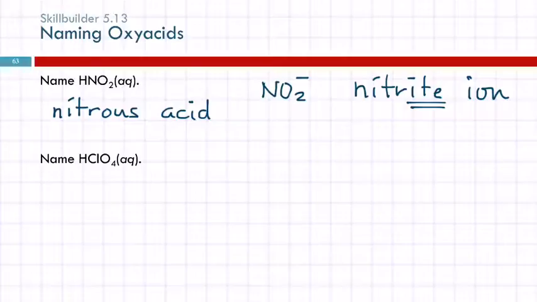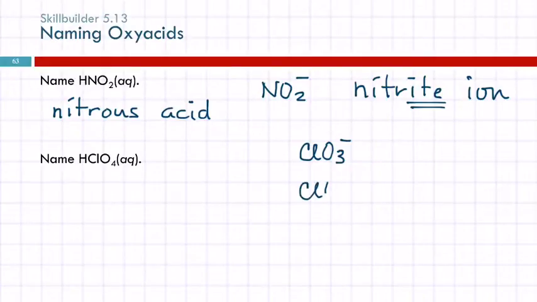How about this one? HClO4. Cover up the H. What's the name of what's left? It's similar to chlorate. This is chlorate. Perchlorate, because it's got one more oxygen.